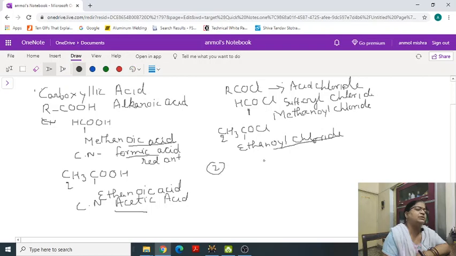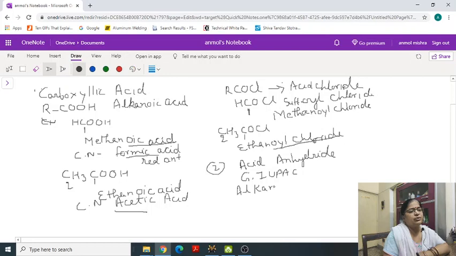The second derivative is acid anhydride. Acid anhydride, general IUPAC name is alkanoic anhydride.